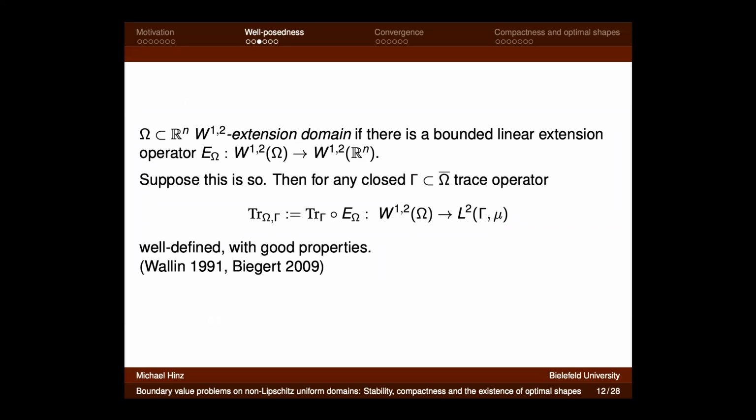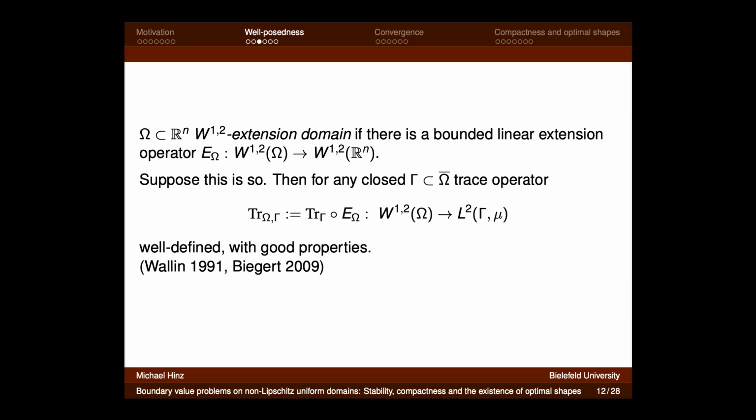Suppose this is the case, then we can combine this extension operator with the trace operator to the boundary and find a nice operator which defines us nicely the trace of a function in W12(omega) on gamma.